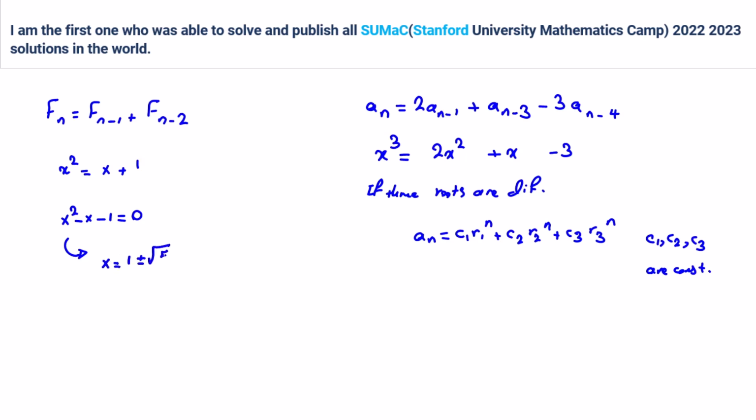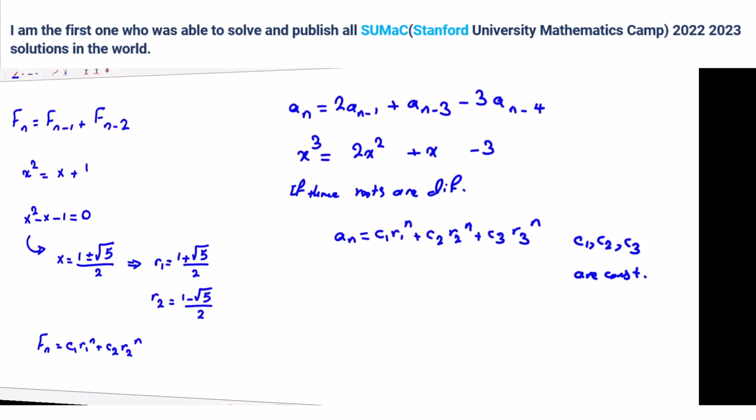That is like the golden ratio or whatever, right? Yes, so we can say r1 is 1 plus root 5 over 2, and r2 is 1 minus root 5 over 2, right? So suppose that we consider f_n is c1 r1 to the n plus c2 r2 to the n, okay? Try to find c1 and c2, okay?